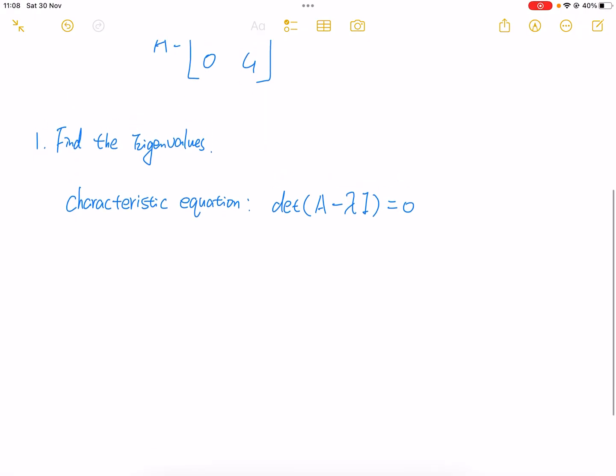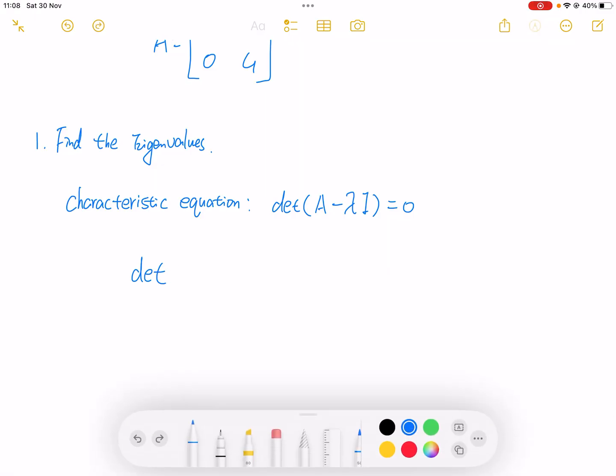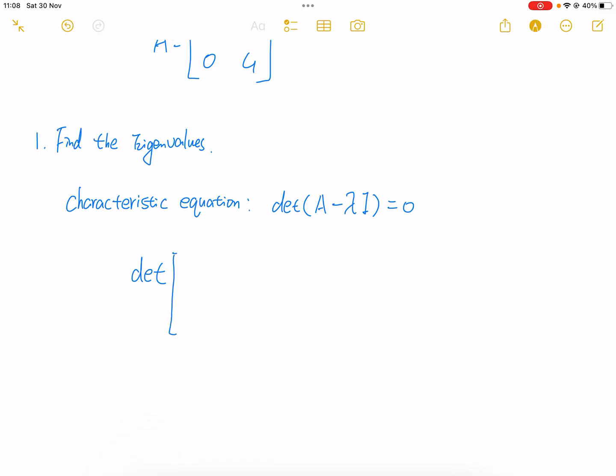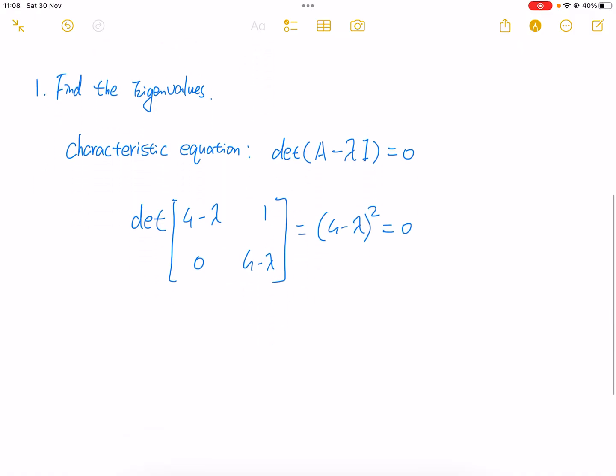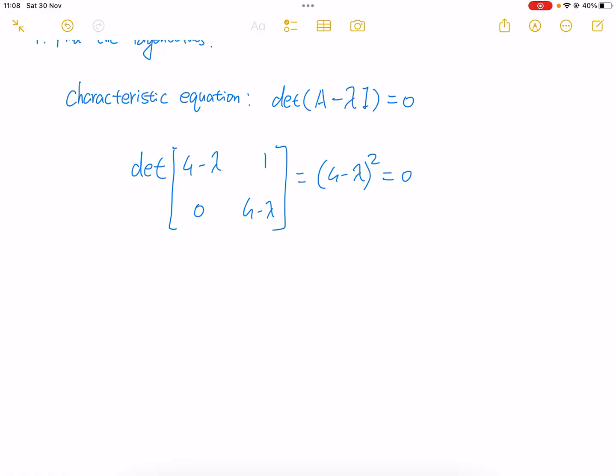So for our matrix A, we have [4 minus lambda, 1; 0, 4 minus lambda], which gives (4 minus lambda) squared equals 0. Solving this gives us the eigenvalue lambda equals 4 with multiplicity 2.